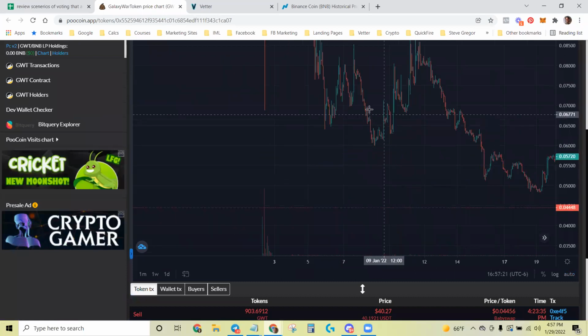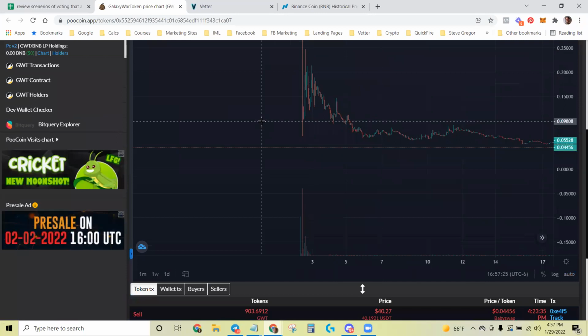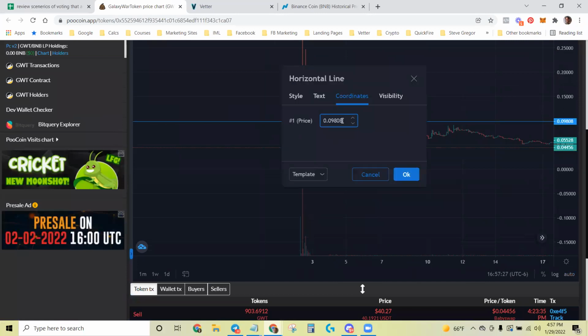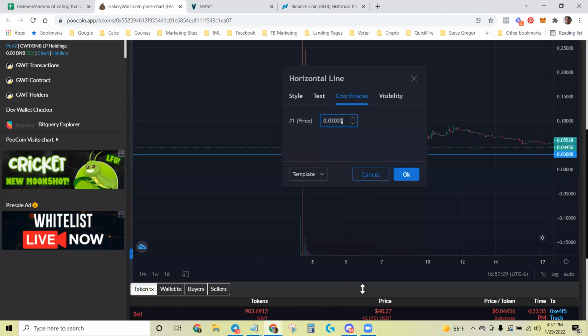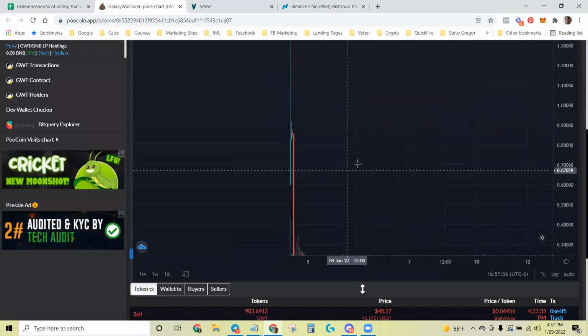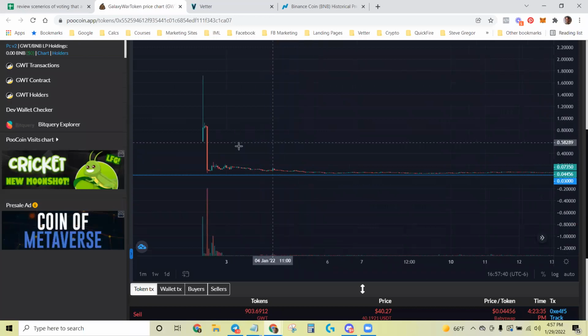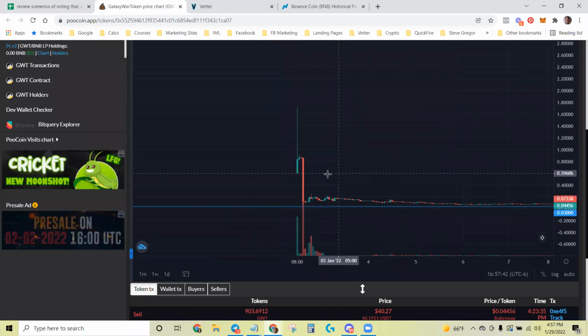I don't know how a launch pad could stay in business long if their projects don't go up. Okay, so here's the IDO price down here, and without that information, it looks like it went up and then just fell off. Well, at least it was above the line initially.